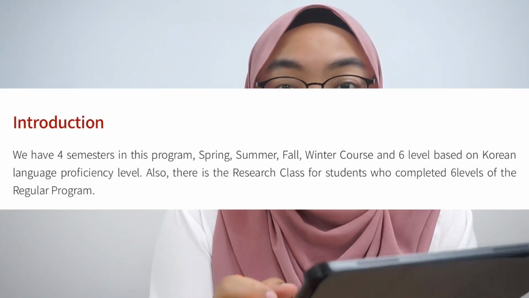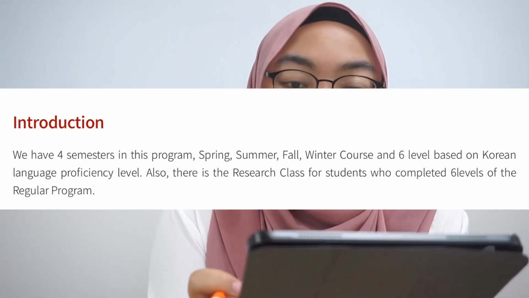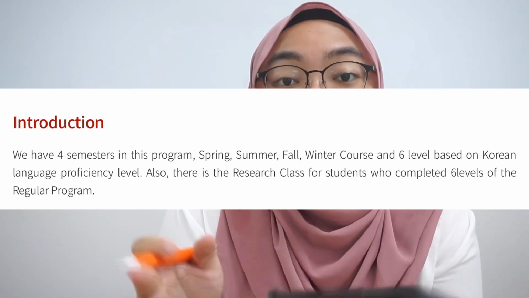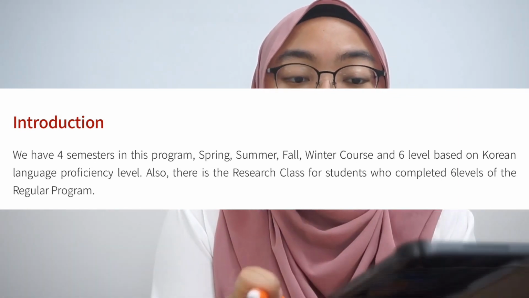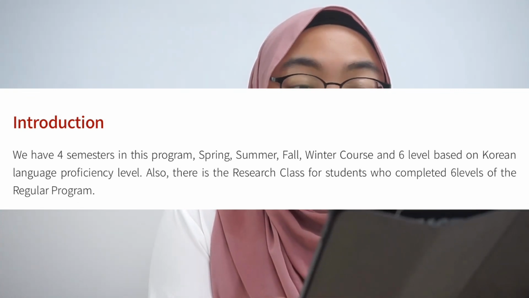Korea University Korean Language Center's regular program has 4 semesters: spring, summer, fall, and winter courses, and has 6 levels based on Korean language proficiency. Also, there is a research class. Only students who complete level 6 can take this research class. What's the requirement if you want to take this Korean language course?